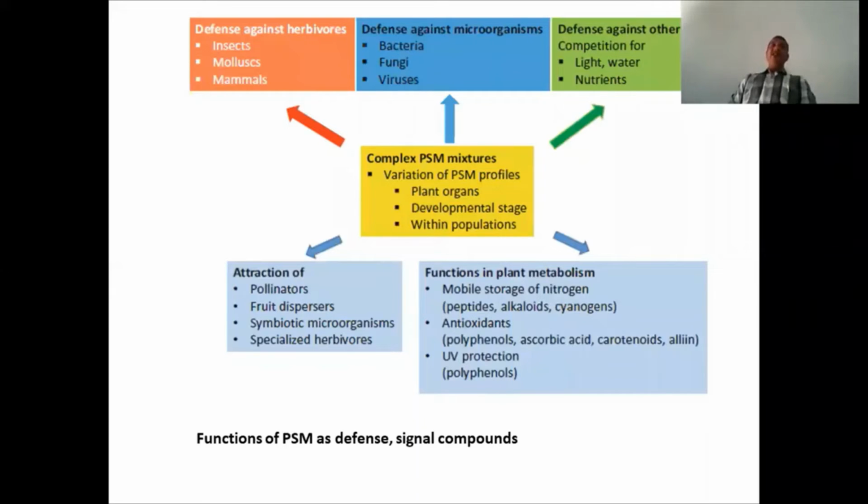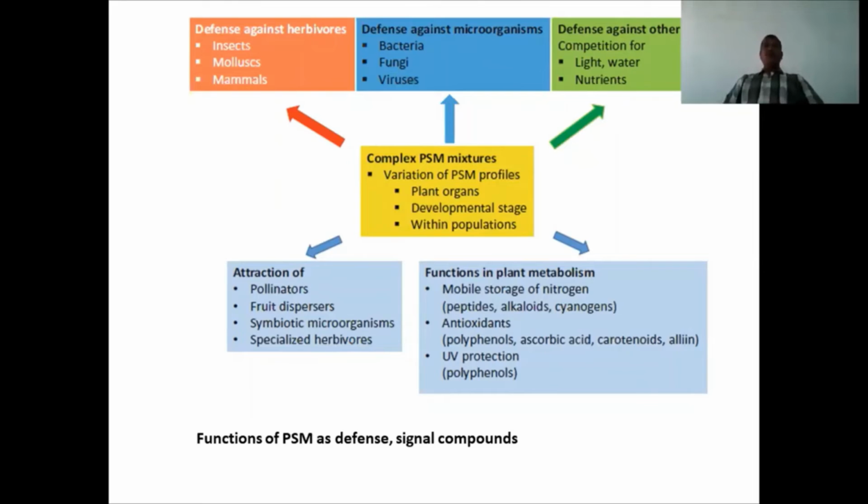You can see the different colors. In these different colors, the top ones are the defense mechanisms and the bottom ones are the attracting role. The upper one is deterrence, and the lower one is attraction towards the plants. Keeping away from the plants is the upper one, and attracting towards the plant is the lower one.